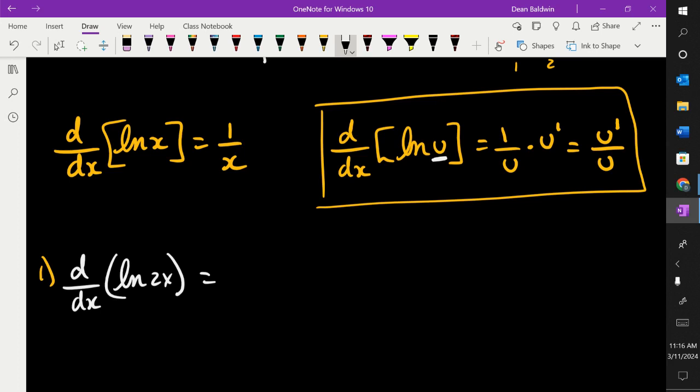The first thing you do is you put 1 over your argument, 1 over u. So we just go 1 over 2x times the derivative of u. What's the derivative of 2x? 2. What happens to the 2's? They cancel. So you get 1 over x. You're done.